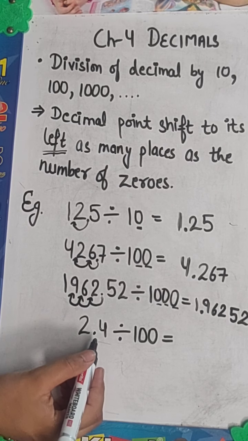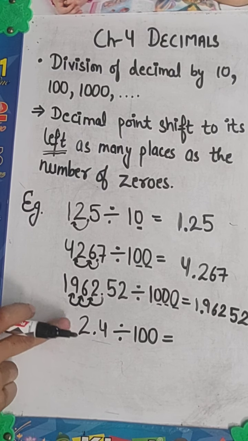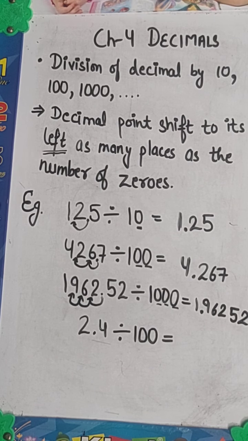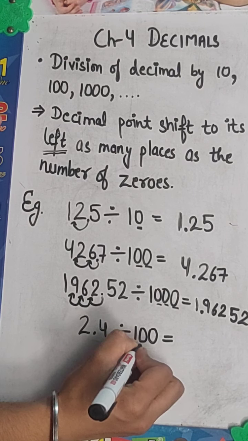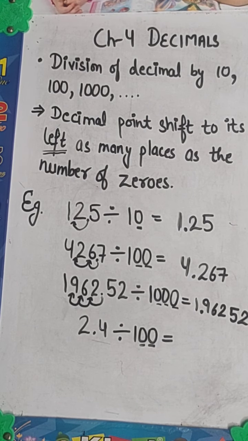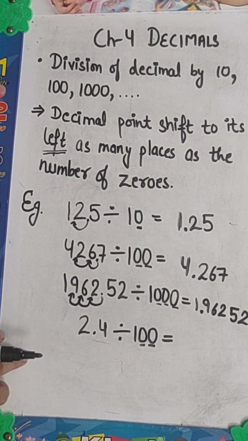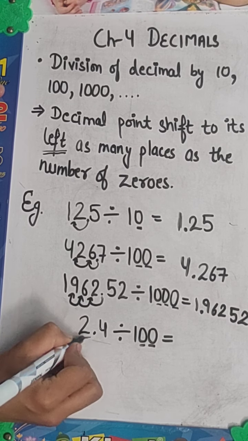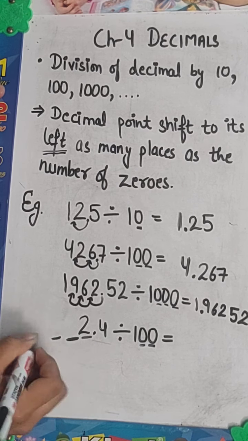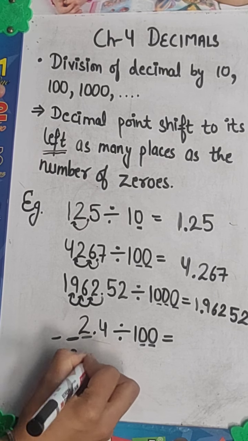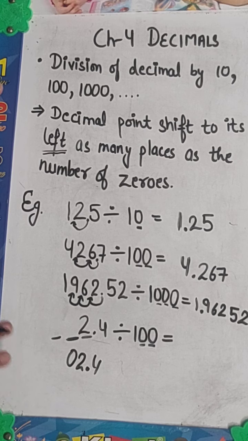Now come to one more example. Supposedly, if I have to divide 2.4 by 100. If I have to divide 2.4 by 100, how will we divide it? In this we are having 2 zeros. कितनी जीरो है हमारे पास? We are having 2 zeros, so we have to shift the decimal 2 places to the left. 2.4 can also be written as 02.4, we can write it like this also.